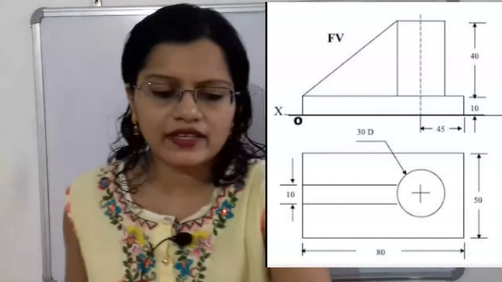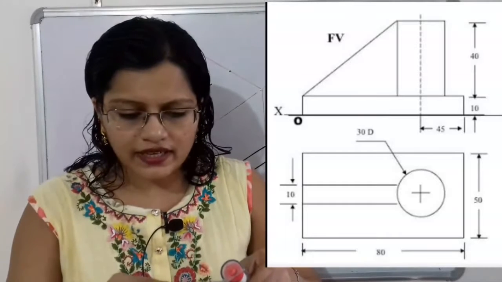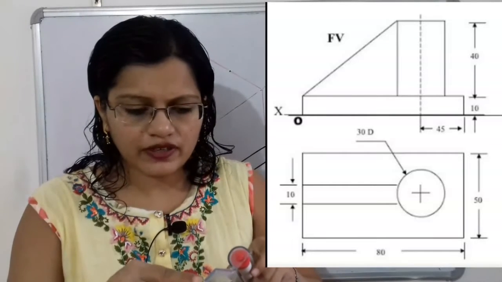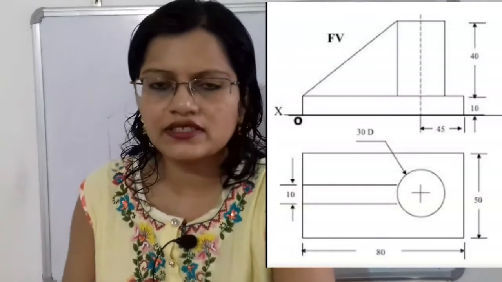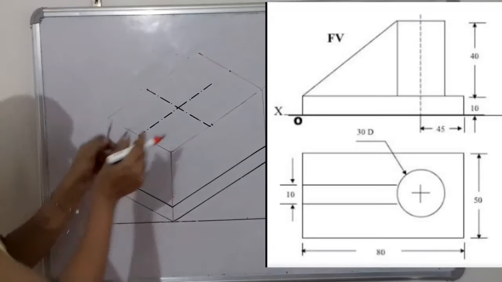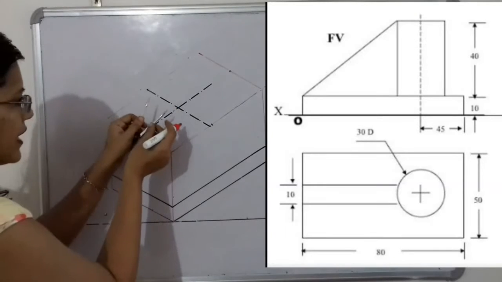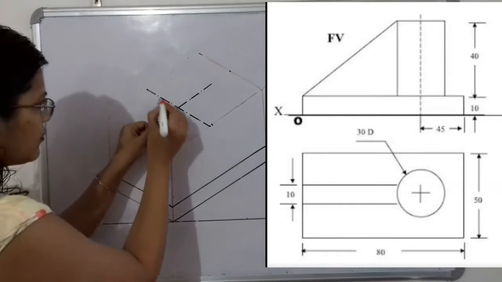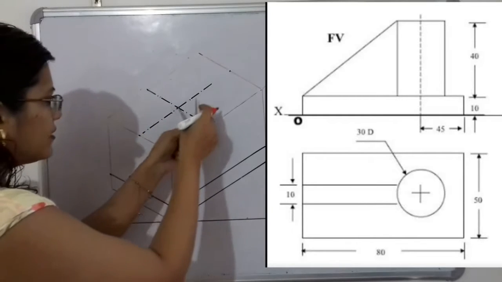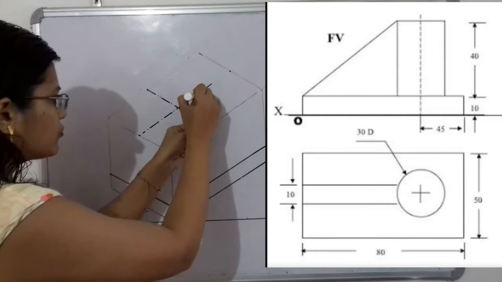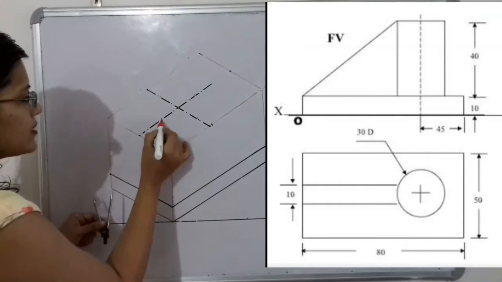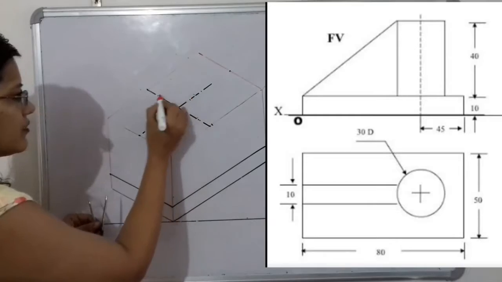So we have to take the distance in the compass equal to radius r. So 15 into 3, that is 45 millimeter. Now about this center, we have to take that distance on both sides of the center. So here on this line and on the second line also we have to select the points equal to radius r. So these 4 points are getting selected, 1, 2, 3, 4.